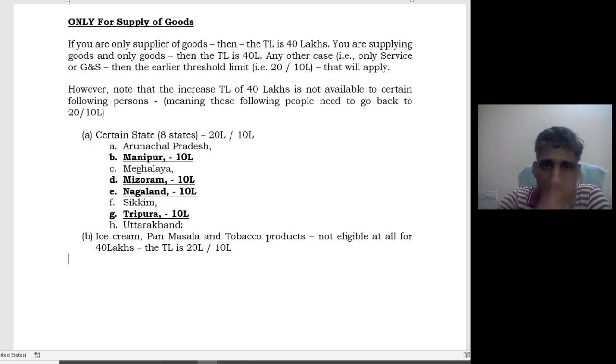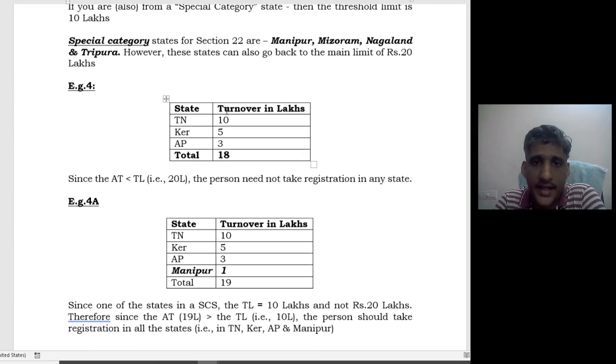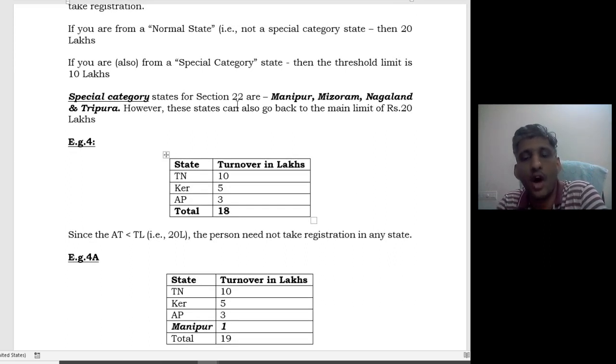Now we will combine everything and put it in one table. We are going to combine the 20 lakhs concept for goods and services together, or only services, for non-special category states, normal states.